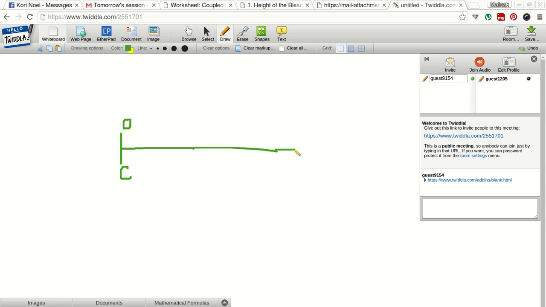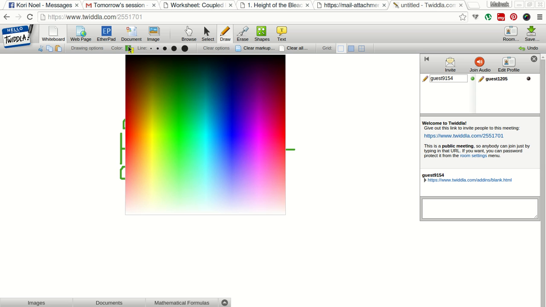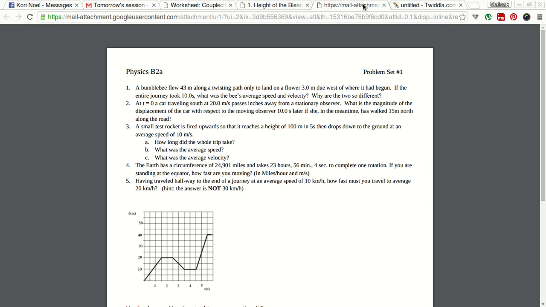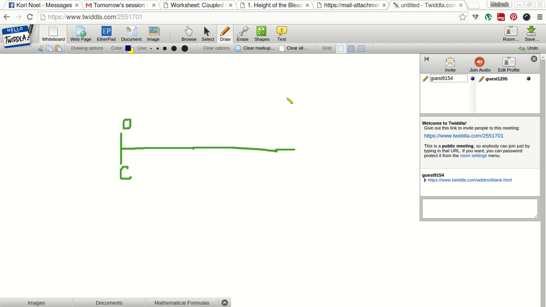Okay, so we have a before and an after. For before, time equals 0 and velocity initial equals 20 meters per second. And then after, we know that time equals 10 seconds and the change in distance equals 15 meters north, for the person who was walking, right?